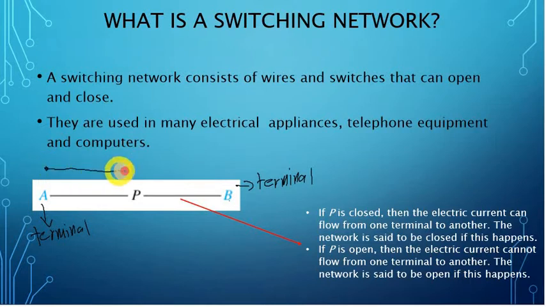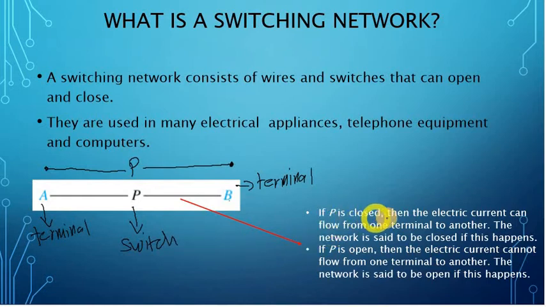So I can draw it like this, then P, then another dot here. So this P here is our switch, and it's the common notion of a switch. However, we have to take note of the following.